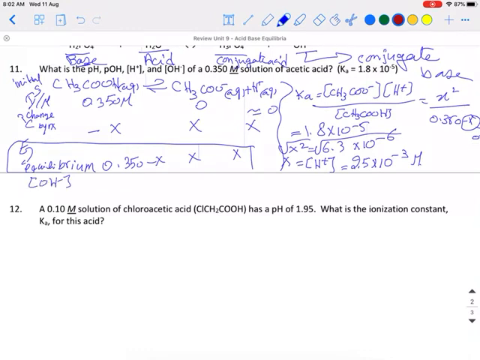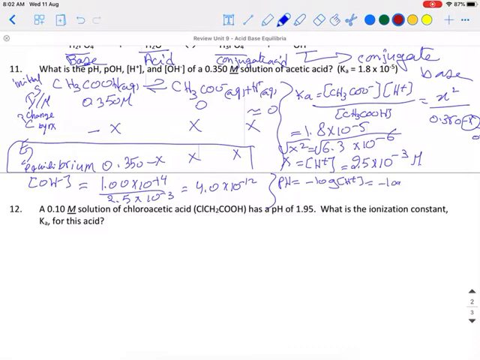Let us find the concentration of OH minus. I'm assuming 25 degrees, which means Kw is 1 times 10 negative 14 over the value of H plus, which is 2.5 times 10 negative 3, and the answer will be 4 times 10 negative 12.